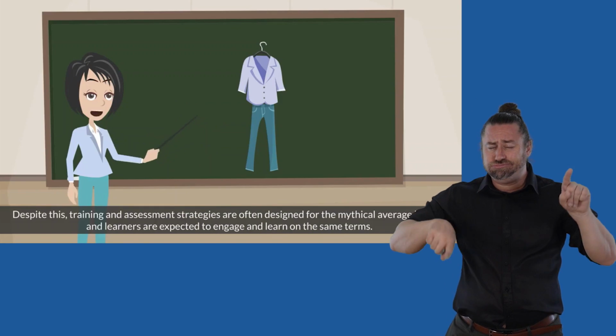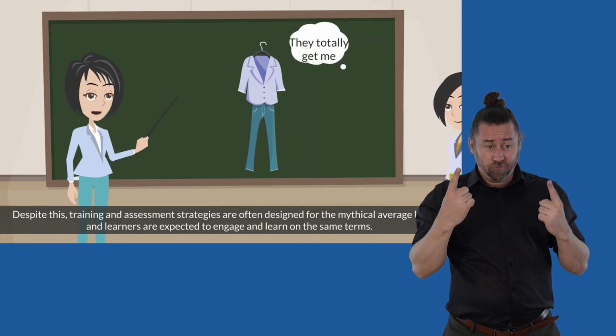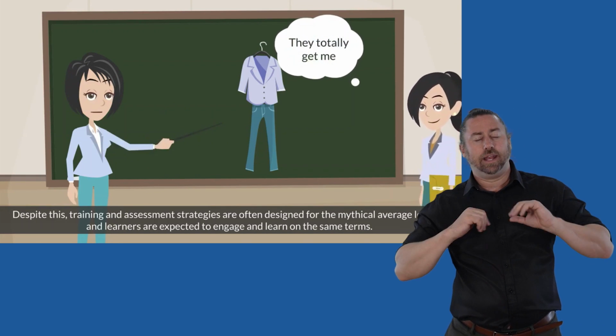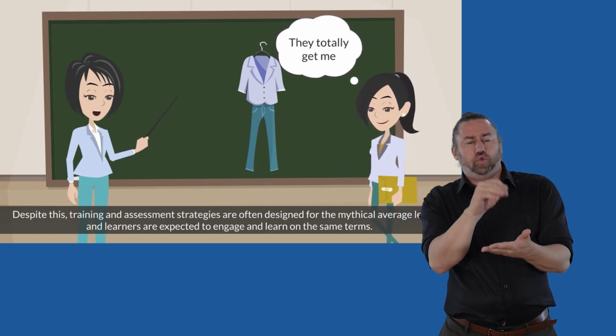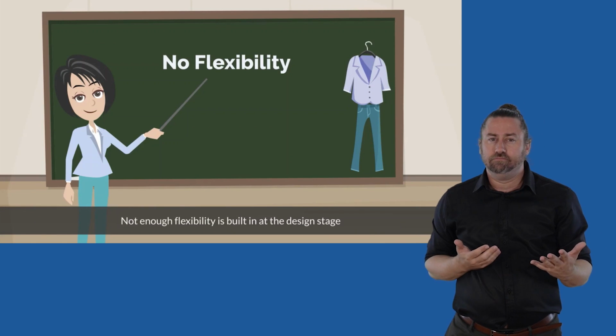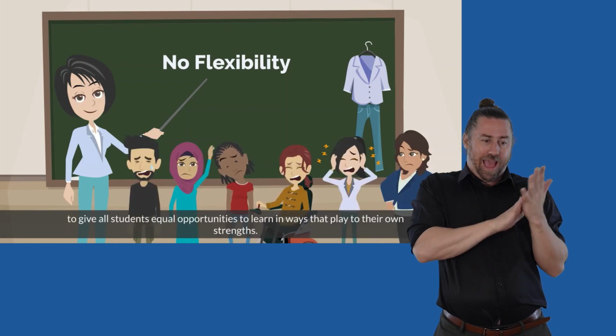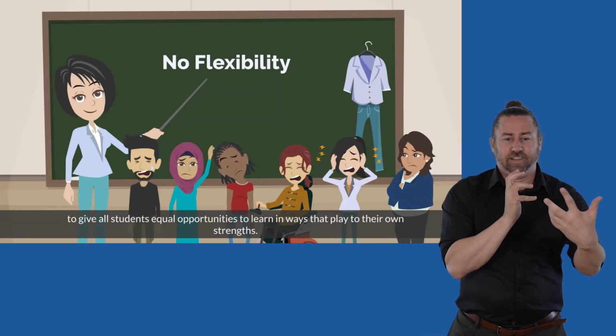Despite this, training and assessment strategies are often designed for the mythical average learner, and learners are expected to engage and learn on the same terms. Not enough flexibility is built in at the design stage to give all students equal opportunities to learn in ways that play to their own strengths.